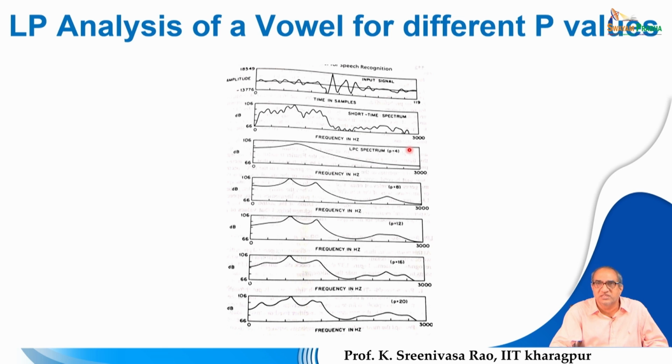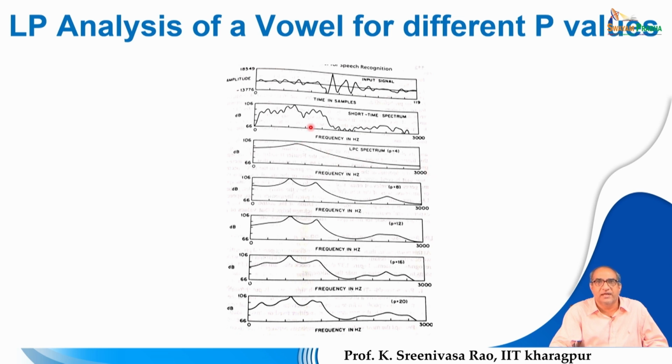If you analyze the spectral characteristics of that system, 1 by A of z with a denominator polynomial of order 4, you will see that the spectrum is observed to be like this. Here you can see this particular LP spectrum for order p, and at a gross level the characteristic will be something like that.